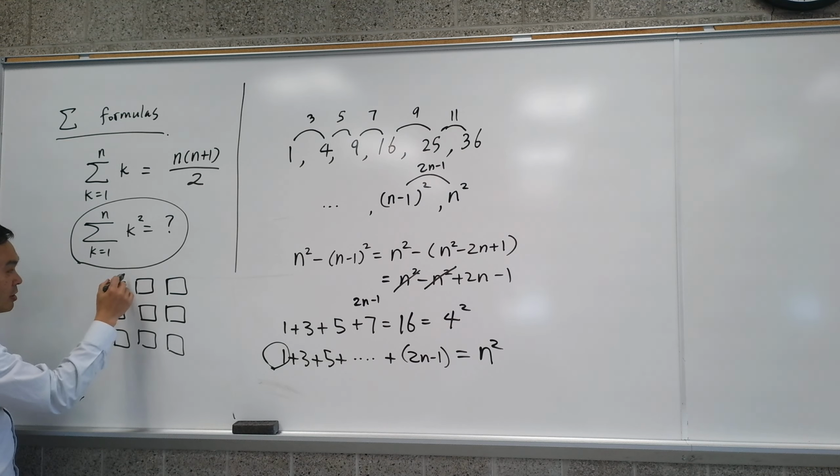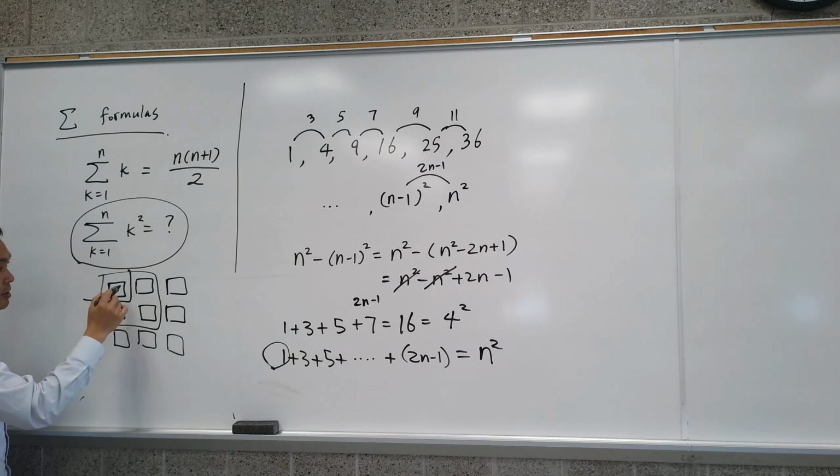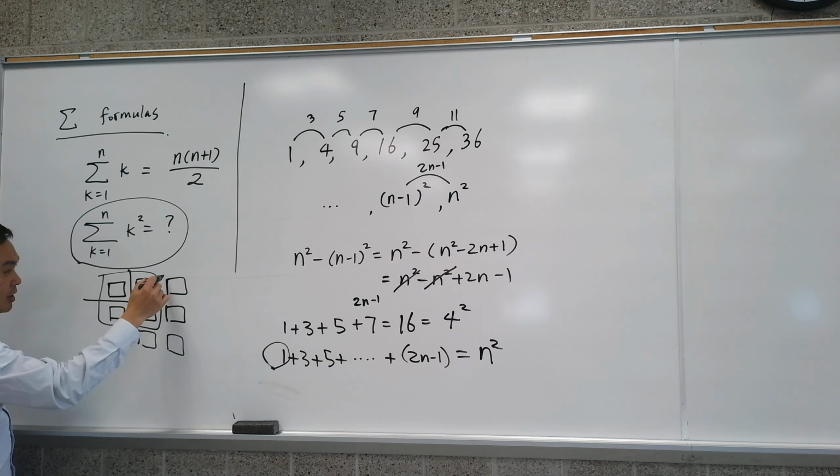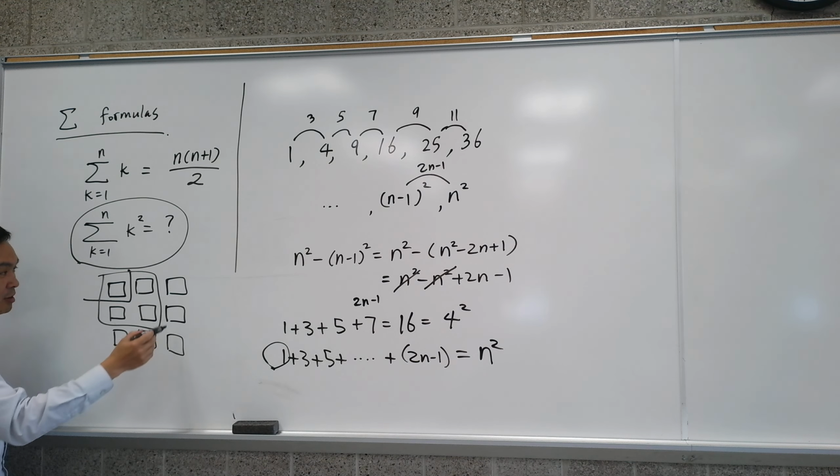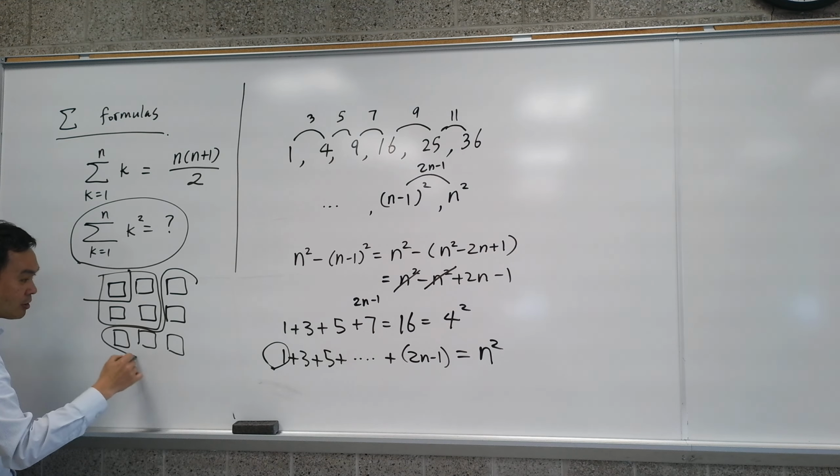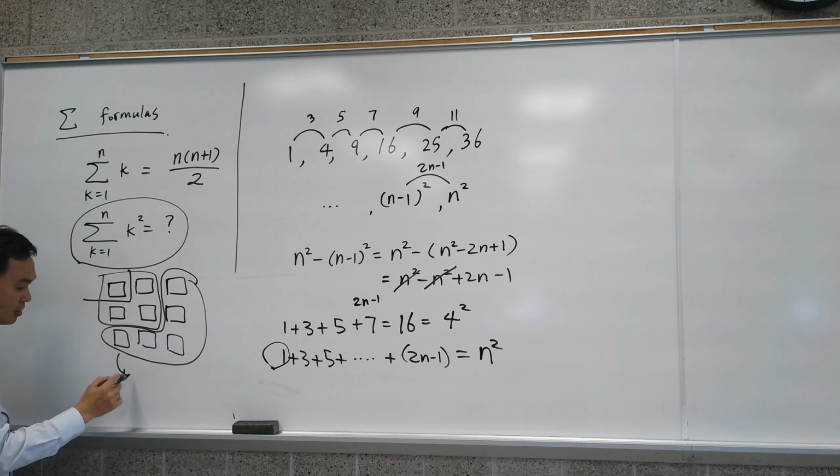But if you look at this as 1 squared, and this much would be 2 squared, and this is 3 squared, look at the difference between 2 squared and 3 squared. The difference is this much, right here. So this much here is 3 squared minus 2 squared. Good?